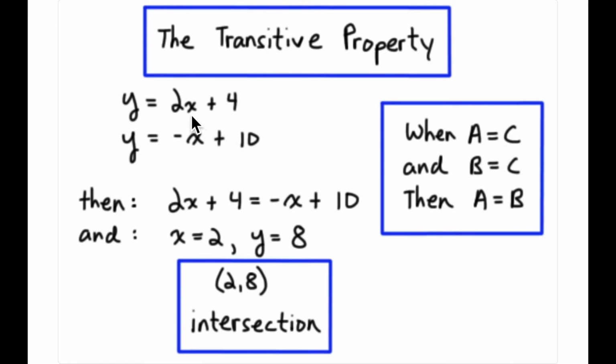So for the equations, if one expression is equal to y and a second expression is equal to that same y, then both of these expressions are equal to each other. That allows you to set them equal to each other and solve for that value of x, which is going to give you the same value of y, and that is the intersection. That is the solution to the system of equations, this system of equations.